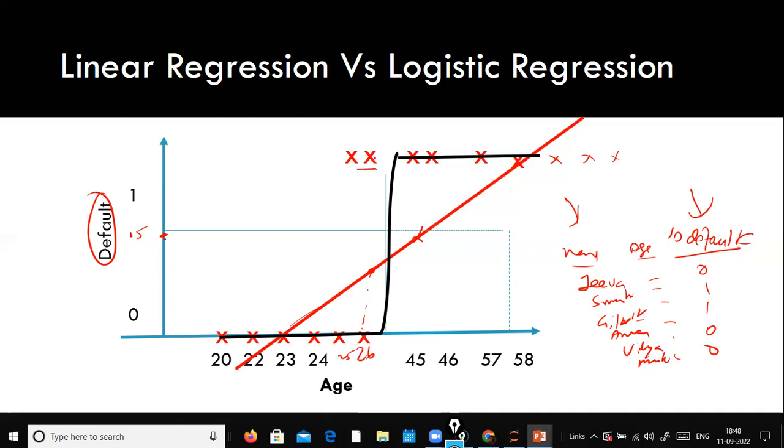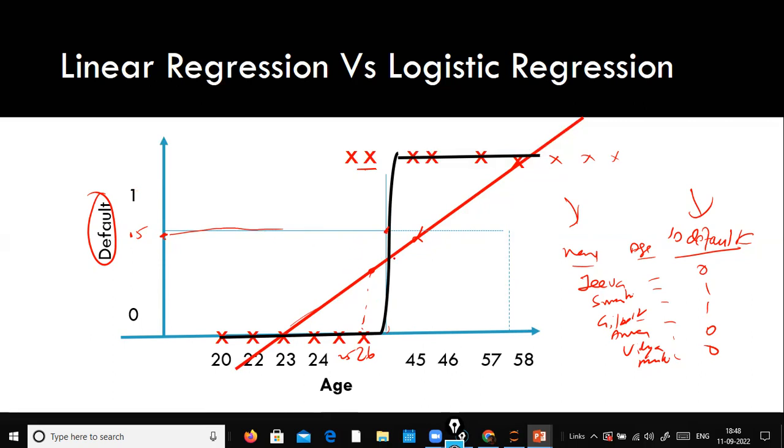this observation was wrongly predicted as non-defaulter. Okay, so this is my 0.5 cutoff, and this is 0 to 1, this is the 0.5. And you have the line here, the average is here, this is your intersecting point.